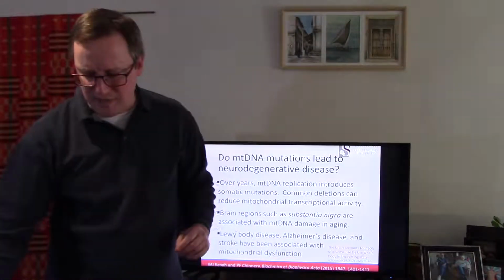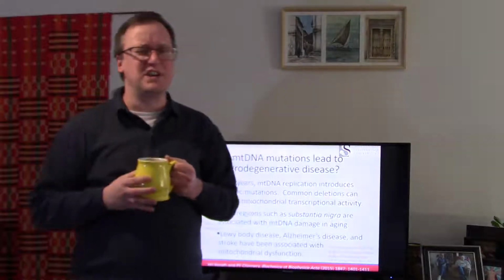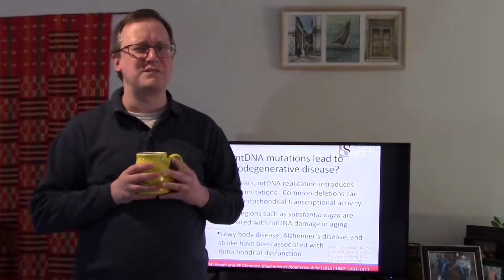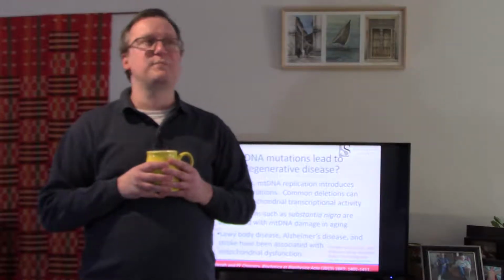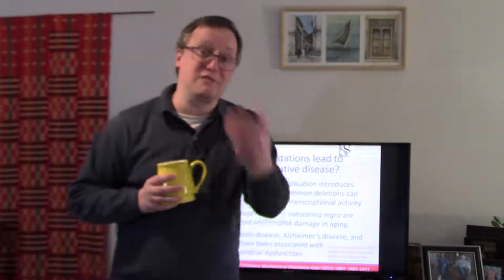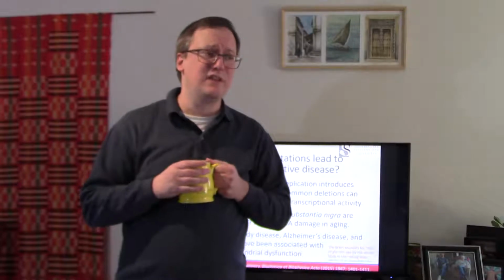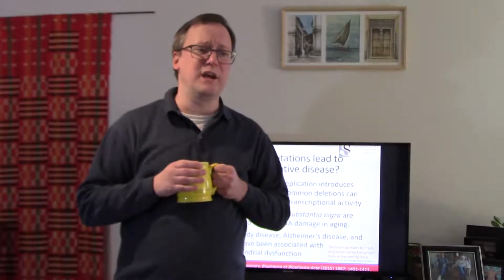Okay, so there's a bit of controversy tied to this, but I think much of what I'm saying on this slide is very well borne out. When I was in graduate school, there was a lot of belief that flaws accumulating in mitochondrial DNA led to aging, which is why we feel tired and eventually die.